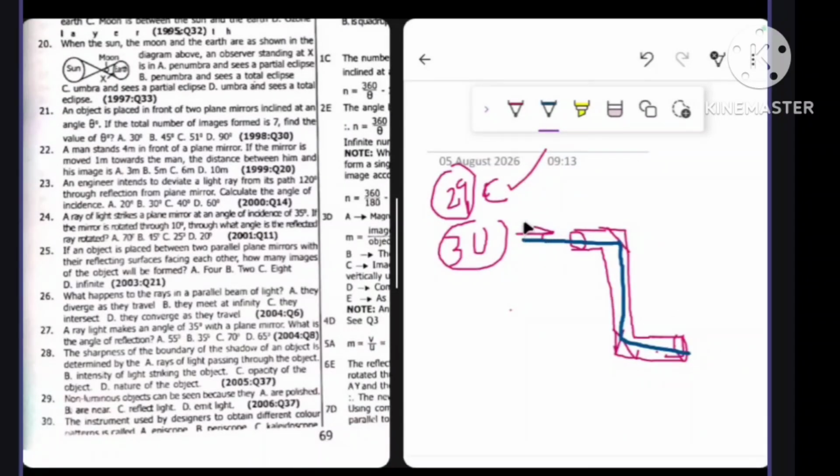Then you can be underneath and still see someone above, and you can aim and fire. So basically, a periscope is used to have a wider range of view when you are underneath the surface.